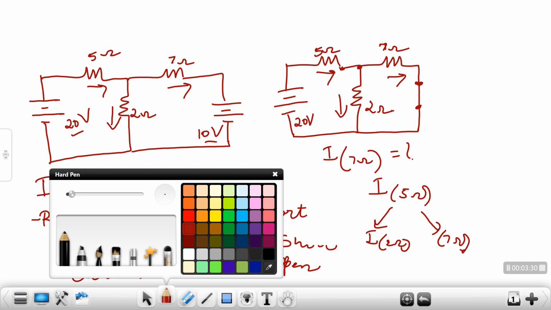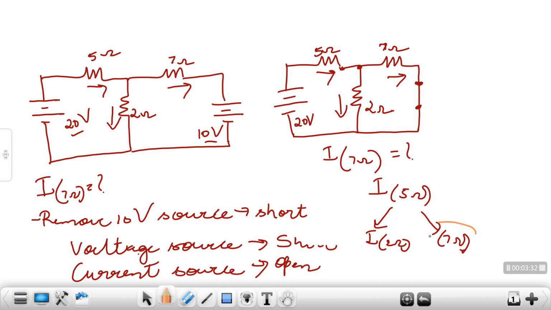You are interested in the current in 7 ohms. Now since the 7 ohms current is a part of the 5 ohms current, to find it I can use the current divider rule.